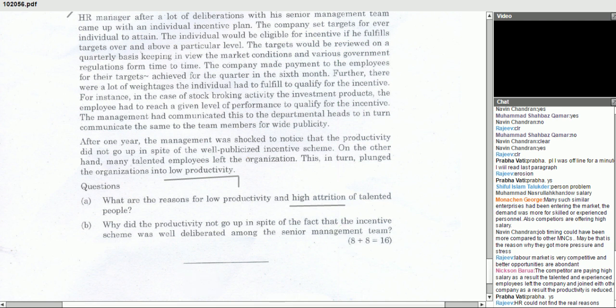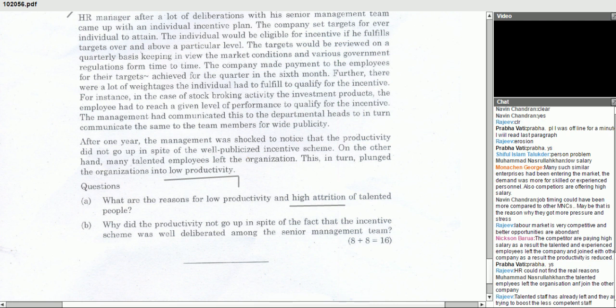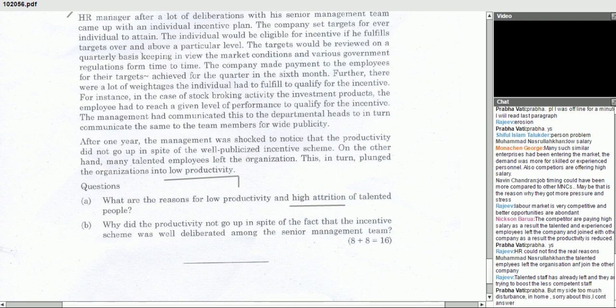Yes, what will you write? The talented employees left the organization and joined the other company. Okay. The less competent, yes, Rajiv, very good point. But my side, too much disturbance at home. Sorry about this, I can't answer.